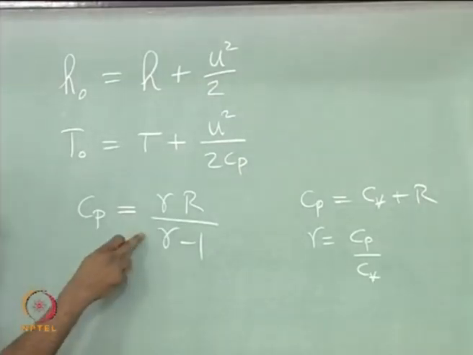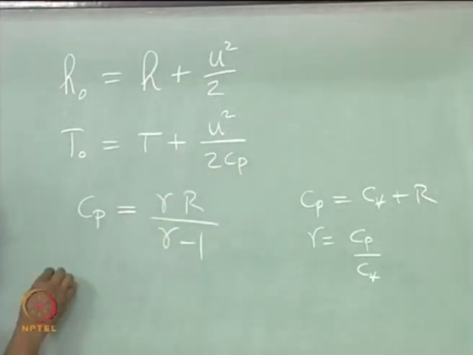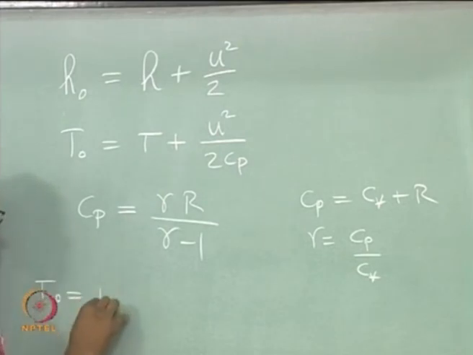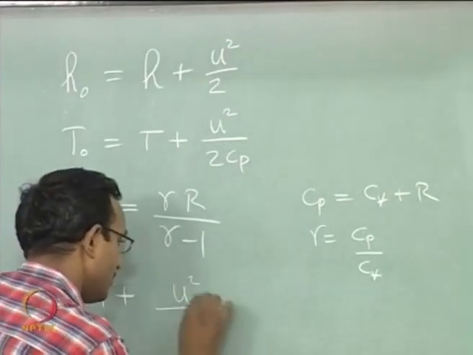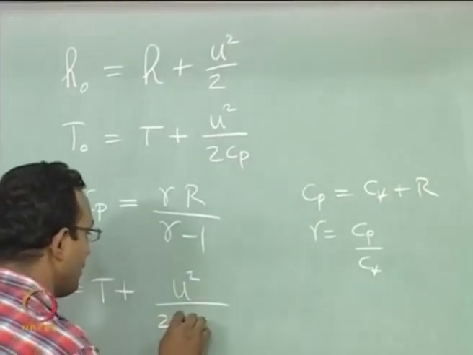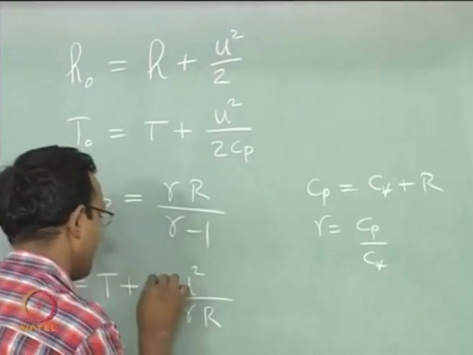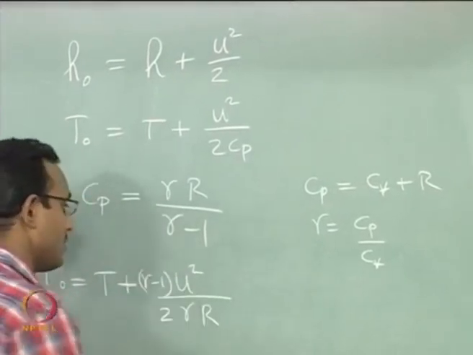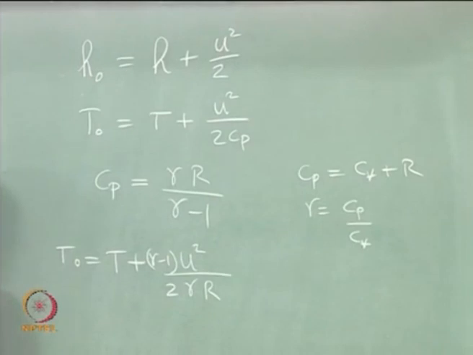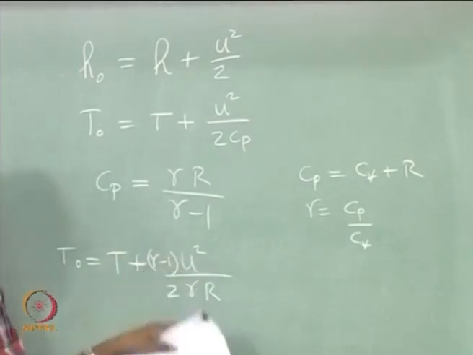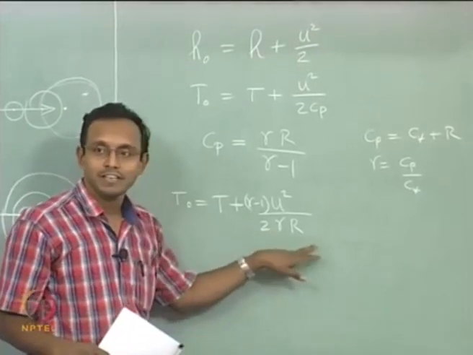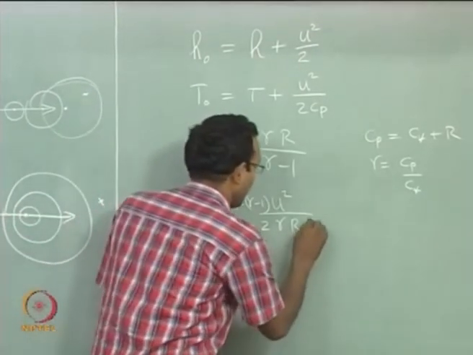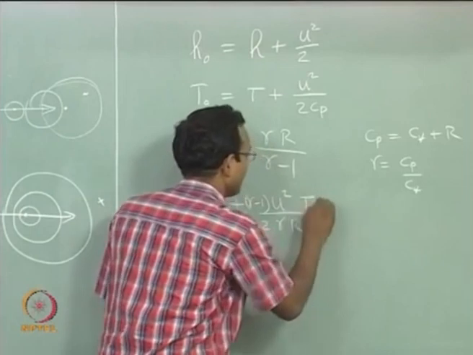So now I want to substitute this Cp inside here. What will I get? I will have this form. Now I want Mach number here, that is the motivation. So I want gamma RT here. If I want gamma RT, I will put a T here and a T here.